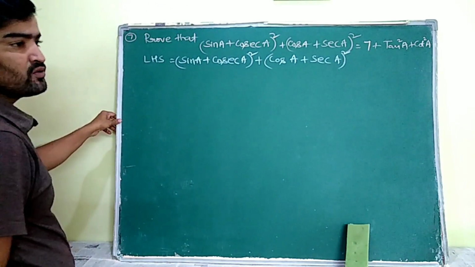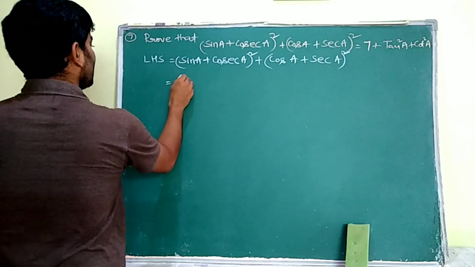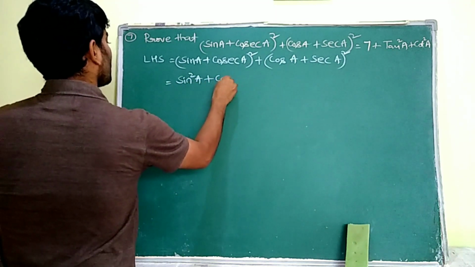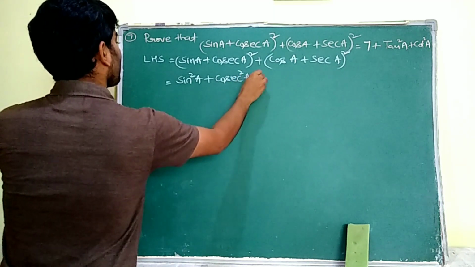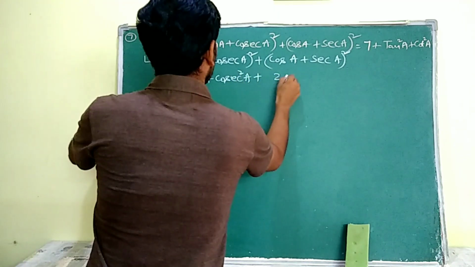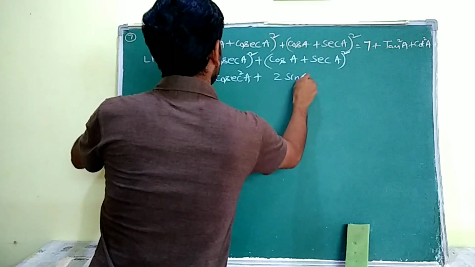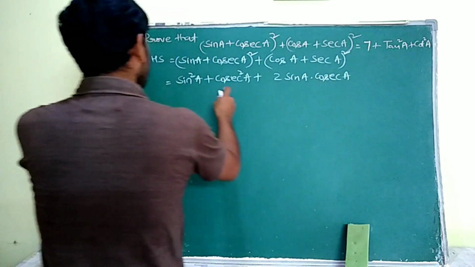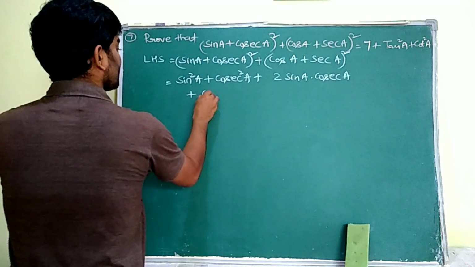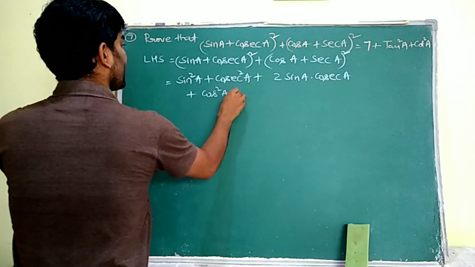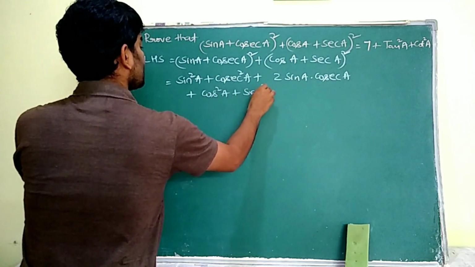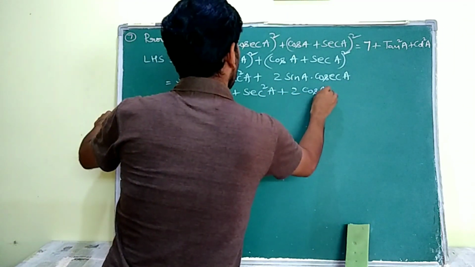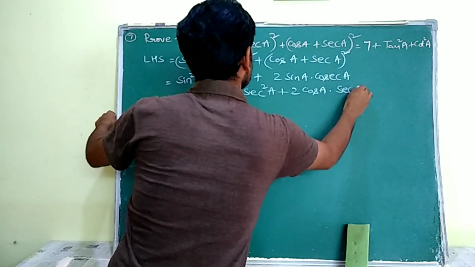Just expand this by using A plus B whole square form. Now it is expressed as sin square A plus cosecant square A plus 2 sin A into cosecant A plus cos square A plus secant square A plus 2 into cos A into secant A.